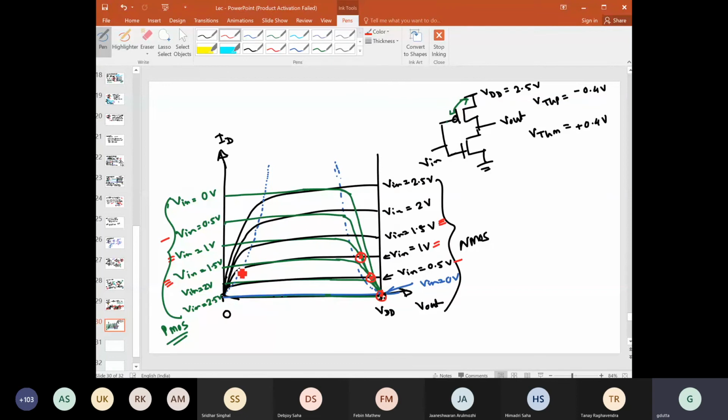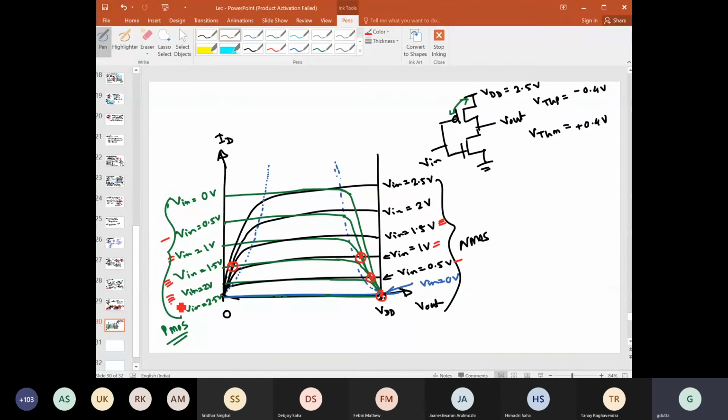See now the beauty. When this V in is a bit lower, the output voltage is closer to VDD. Now you increase V in a little bit more, and the entire thing has shifted from here till here.